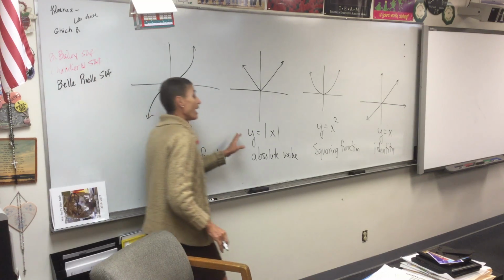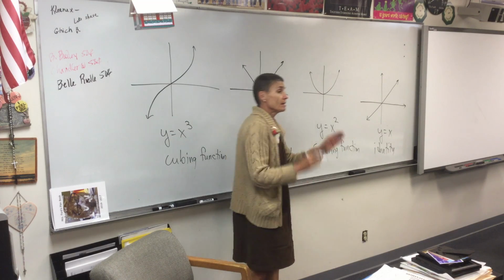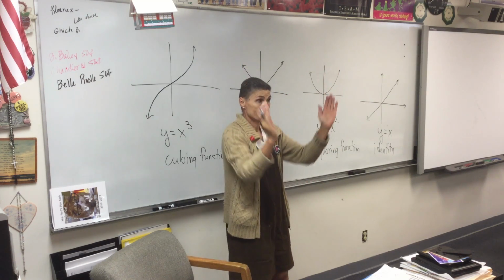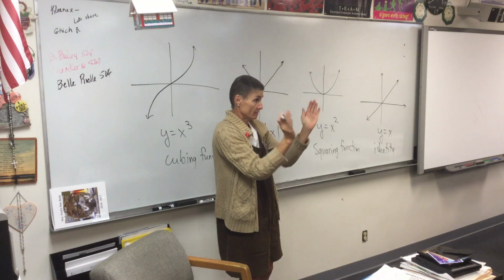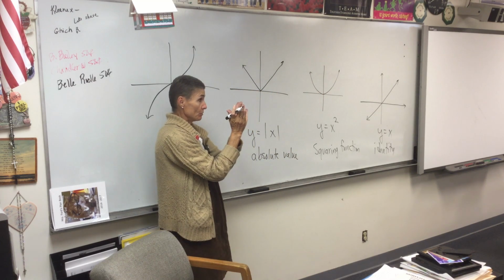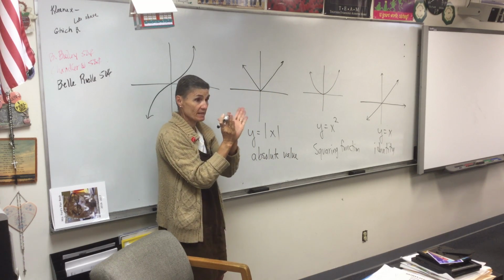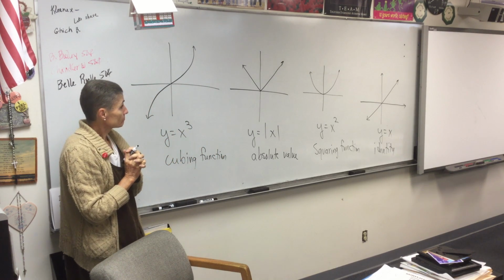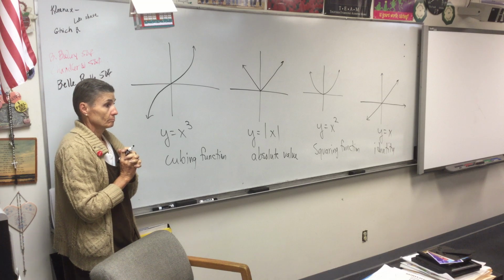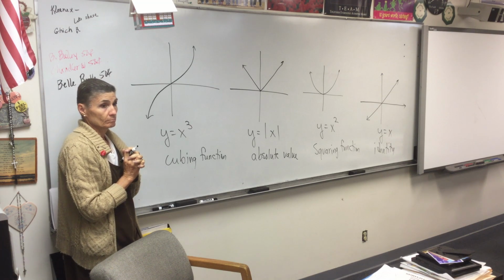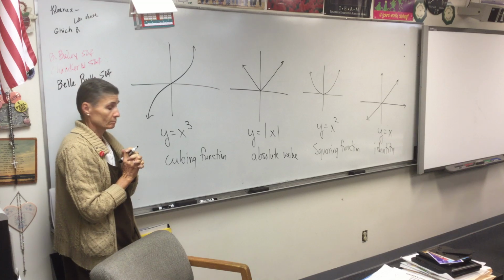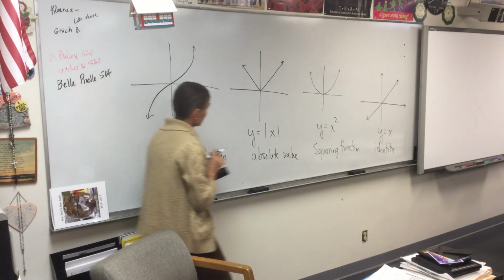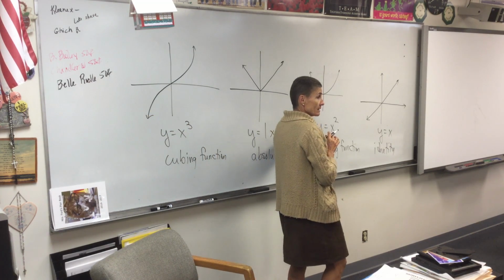It looks a lot like the squaring function, but the squaring function is rounded, and the absolute value is a straight, pointy V. I'm going to start erasing now to make room.